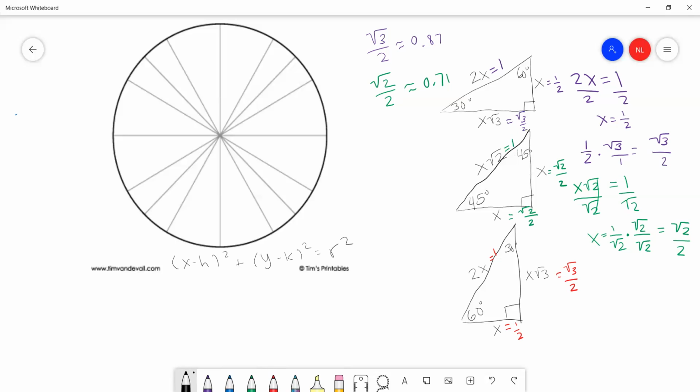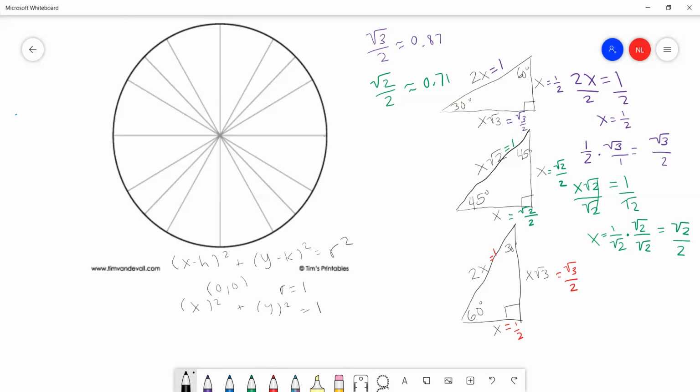For this particular circle, my h is 0 and my k is 0. My center is at 0, 0. And my r is going to be 1 because I have a unit, 1 unit. So what is the equation for this circle? Well, x minus 0 squared plus y minus 0 squared equals 1 squared, which is 1.